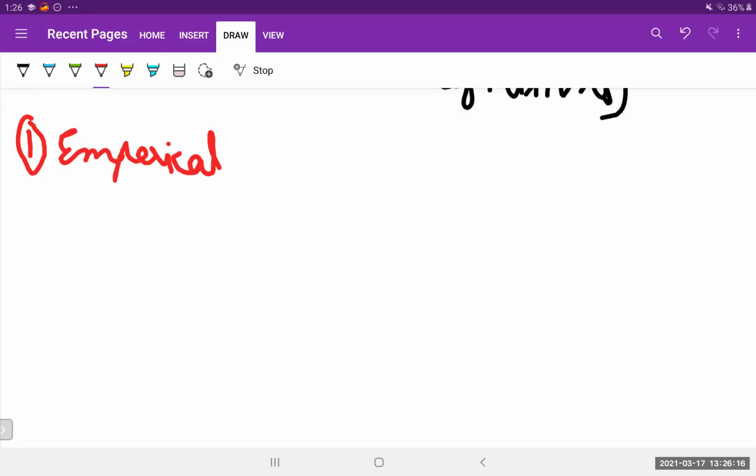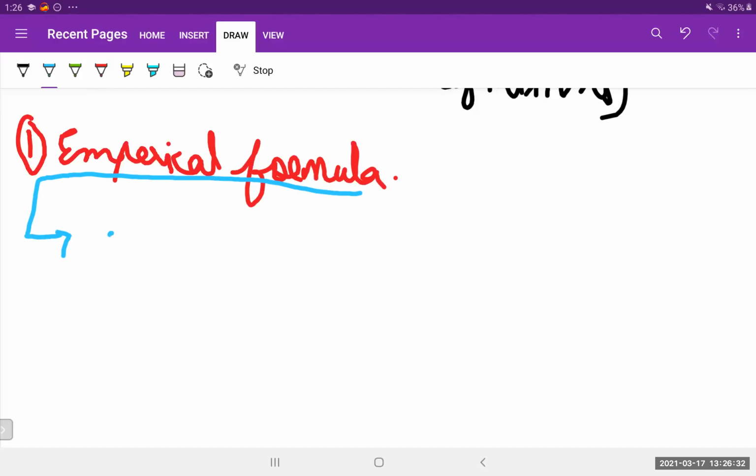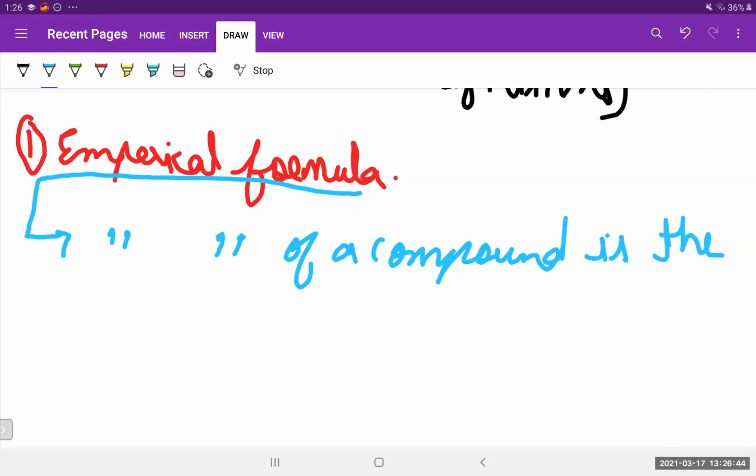Empirical formula. What is empirical formula? We have already dealt with it in class 9th also. The empirical formula of a compound is the simplest formula.